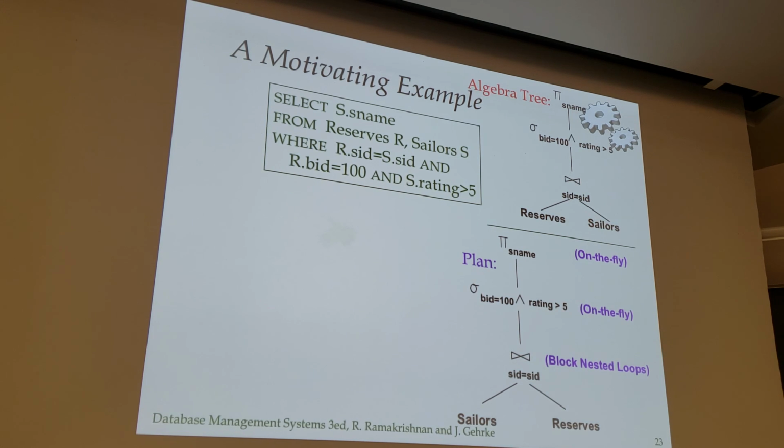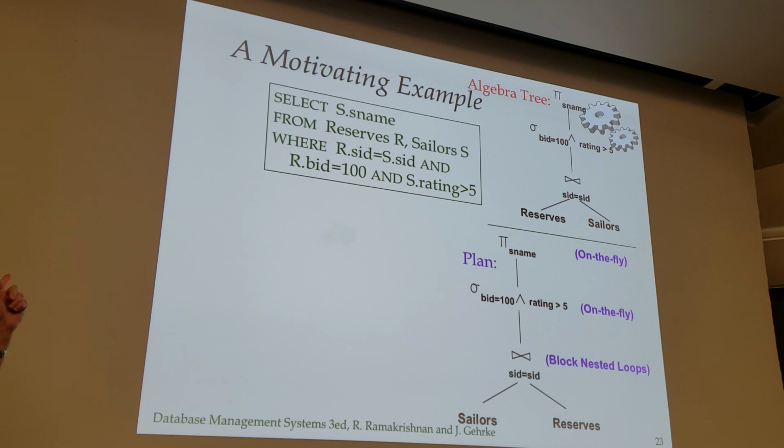In the case of the block nested loop join, what we could do is join these two things together, and then on the fly, as tuples come out of the block nested loop join, this is the pipeline, we could pipeline to this predicate where we're doing the sigma of BID equals 100, rating greater than 5.